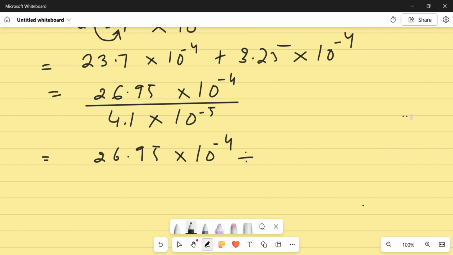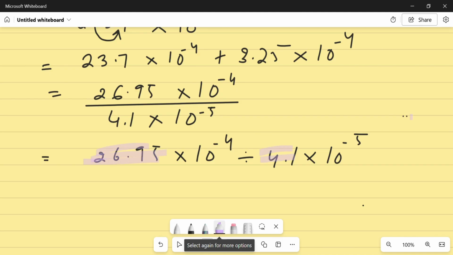Change this into a division sign, right? So when we divide 26.95 with 4.1, we'll get 6.57 and multiply by 10 to the minus 4 and minus 5, it gives you minus 9, right?